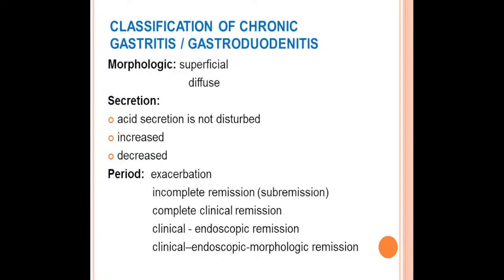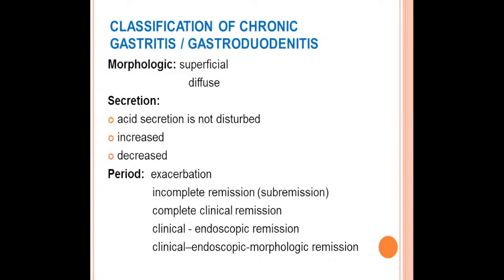Secretion is very important to the management of the patient's treatment. You must diagnose the secretion of the stomach. Acid secretion may not be disturbed, it may be increased hydrochloric acid, or it may be decreased hydrochloric acid. Among these three variants, in a very high percentage of pediatric patients in childhood, it is increased.